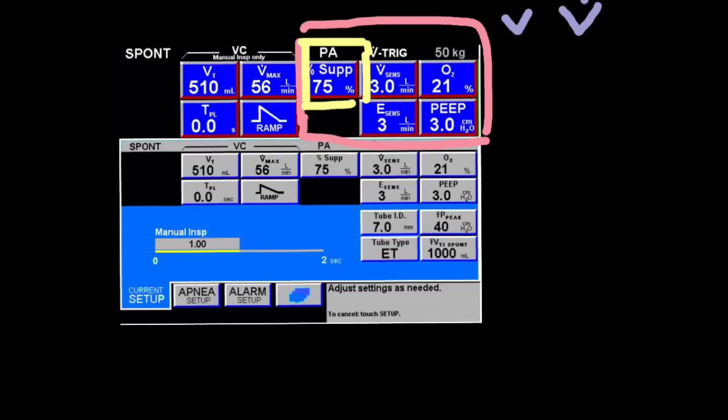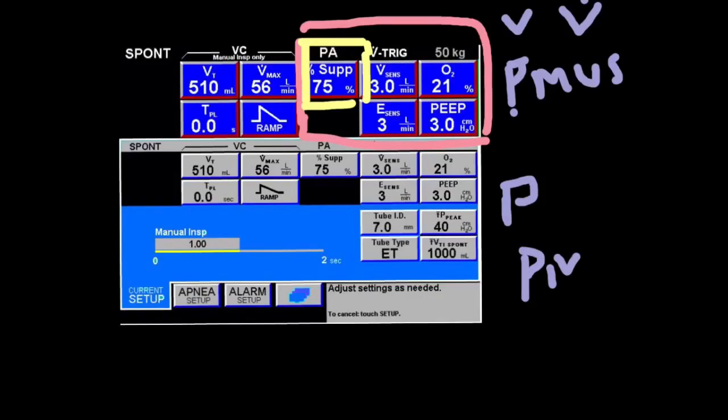And because of this, it's created by the patient's diaphragm or muscle pressure. So we can think of P muscle. And the pressure that's actually generated by the ventilator itself is an amplifier of the muscle pressure.